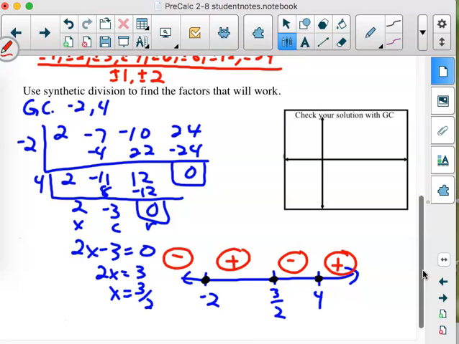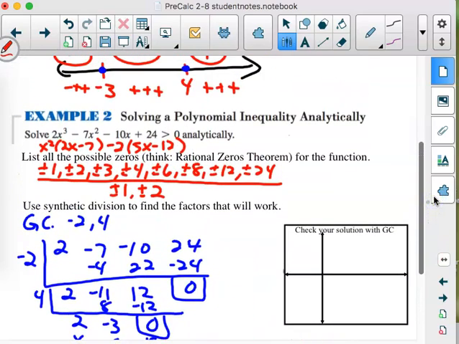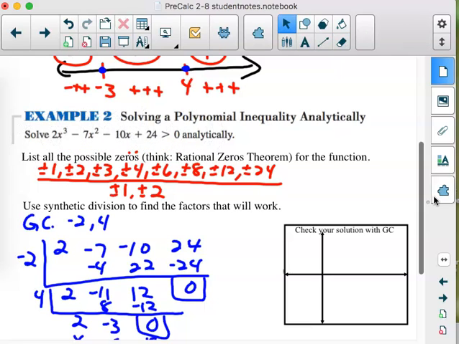So at this point, what we still have to answer is this question up here. When is 2x cubed minus 7x squared minus 10x plus 24 greater than 0?